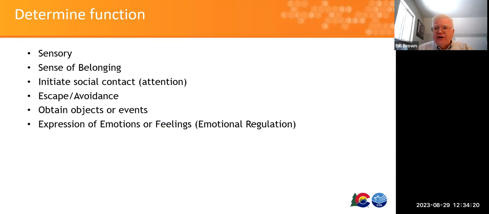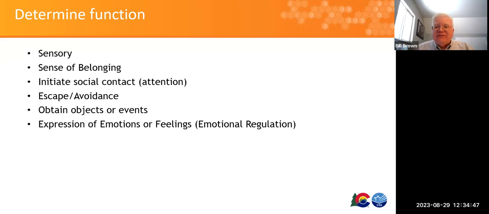When we talk about function of behavior, there are different ways to look at it. Some people might say sensory is a function of behavior, meaning I'm not getting enough sensory input, or I've gotten too much sensory input and I need a quiet space to get rid of it. If you look at positive discipline, they would say a sense of belonging should be a function of that behavior.